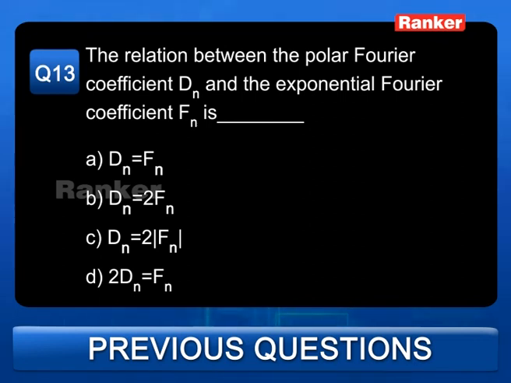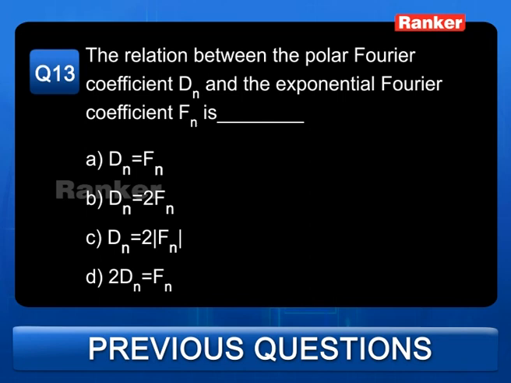Okay. Choices are A, Dn is equal to Fn, that is, the polar Fourier coefficient is equal to the exponential Fourier coefficient, that is the first choice. The second choice is the polar Fourier coefficient is equal to twice the exponential Fourier coefficient, that is 2Fn.